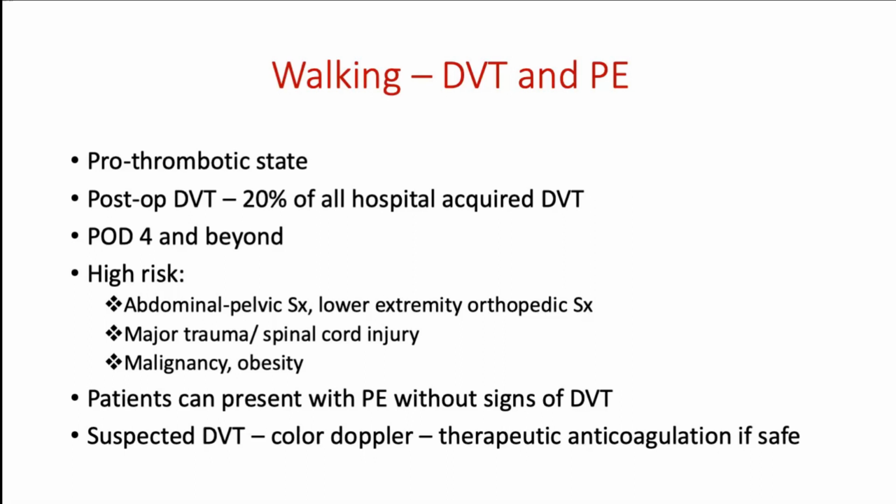So the patients may not have a leg swelling, may not have a tenderness in the calf, but still may have pulmonary embolism. And this is because there may be thrombus in the proximal veins and may not manifest as an overt deep vein thrombosis. So if a DVT is suspected, then color Doppler should be done immediately, and therapeutic anticoagulation should be started if there is no contraindication to it.